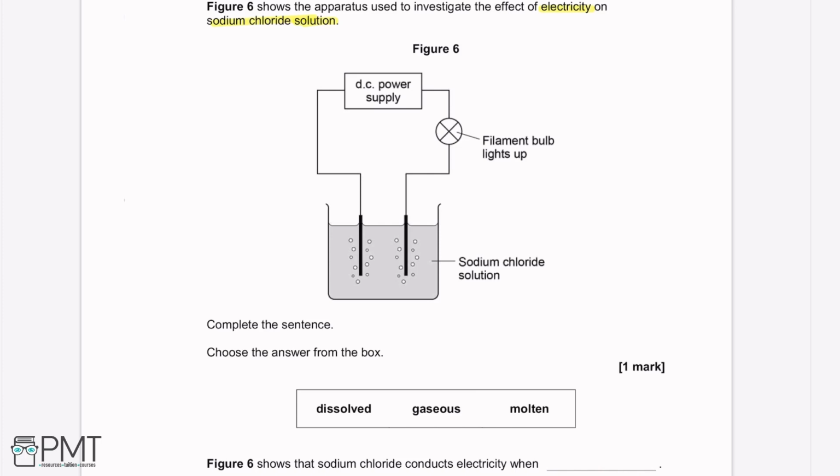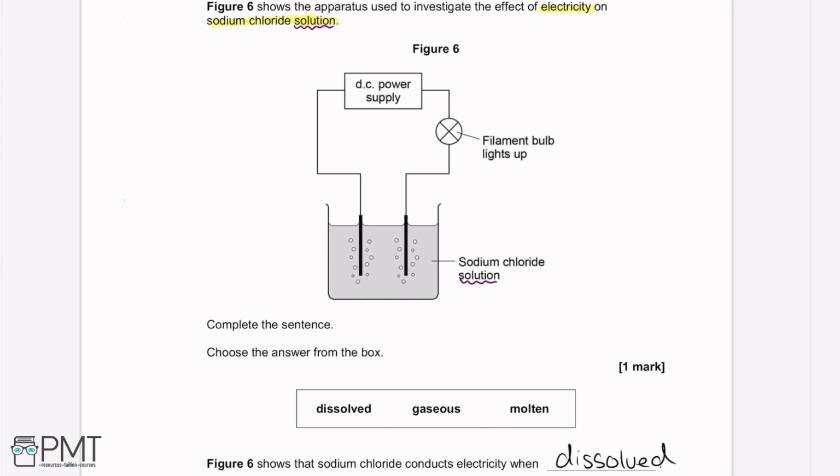Well, the key to this question was looking at the use of language. Sodium chloride solution, sodium chloride solution. So remember, a solution means that it is dissolved.